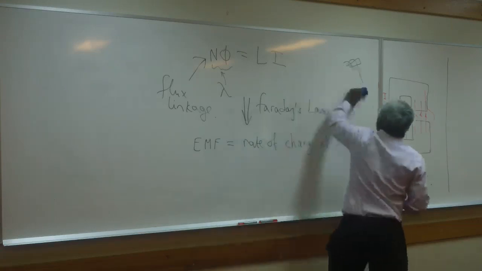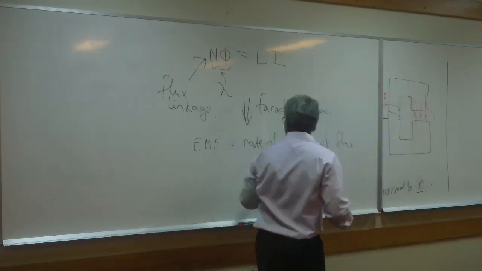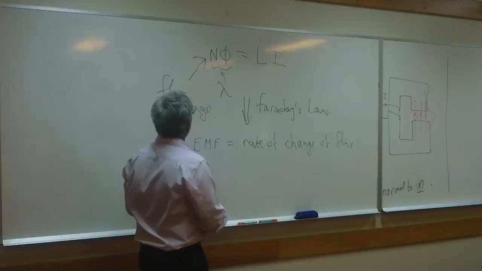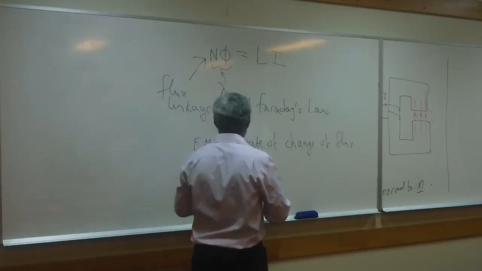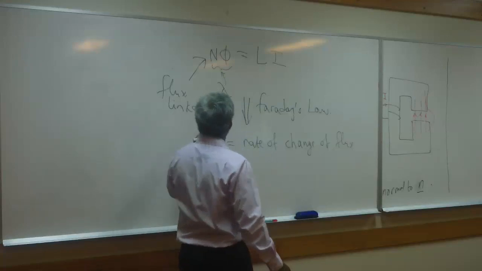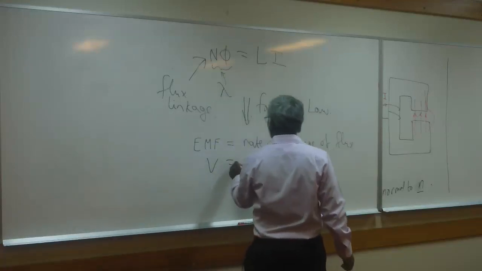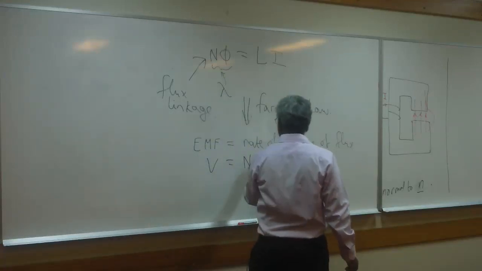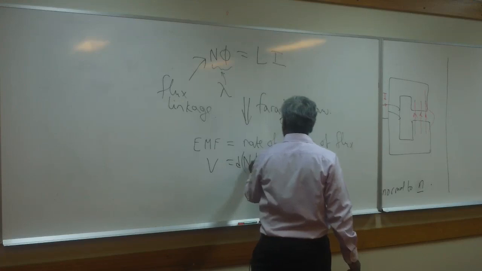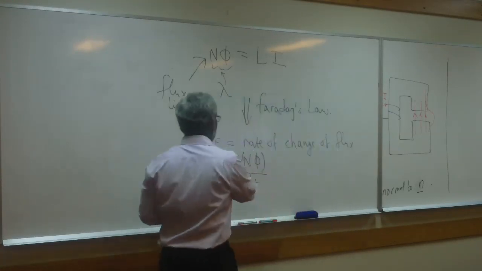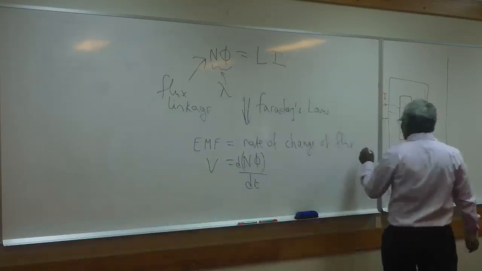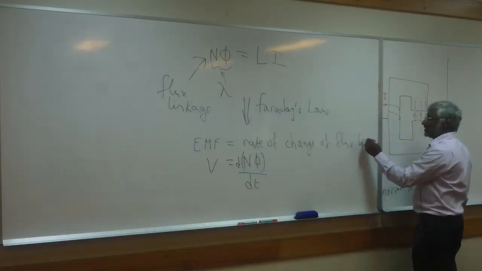Okay, so that's what Faraday said. EMF is rate of change of flux. So you could say, if we call that EMF E or V, it really doesn't matter, V equal to d(NΦ)/dt. Because that's, I should say, not flux here, but rate of change of flux linkage.